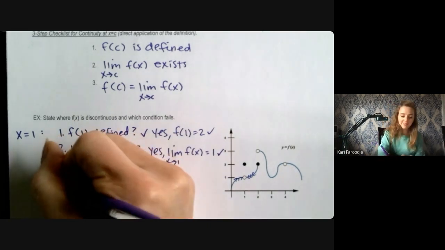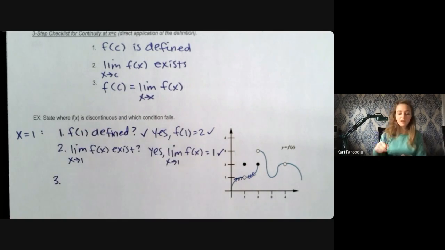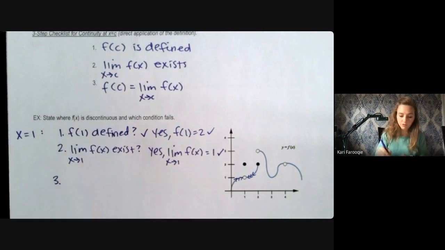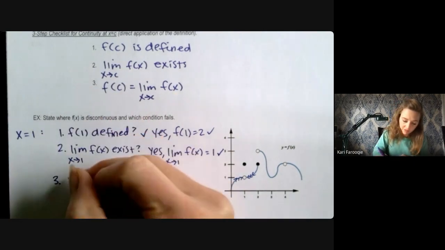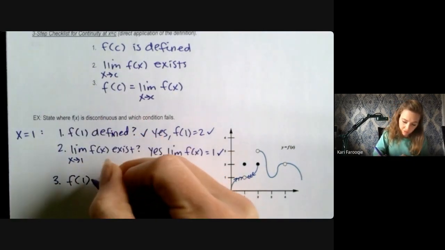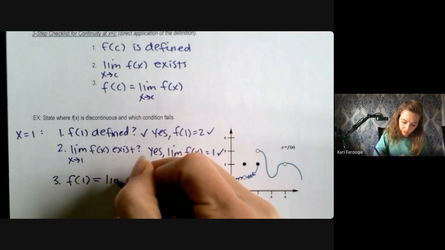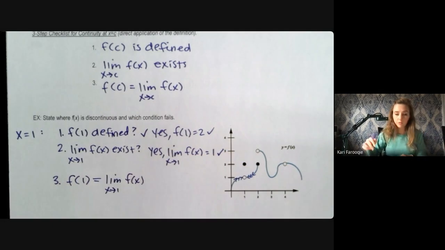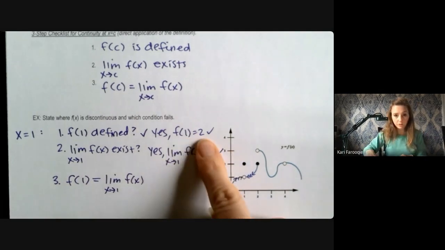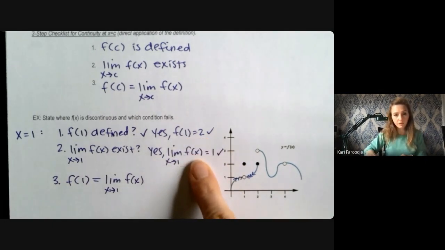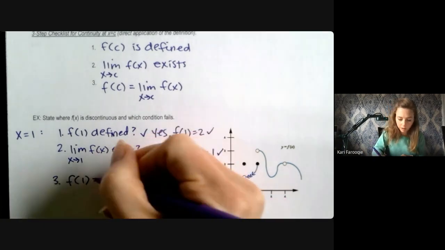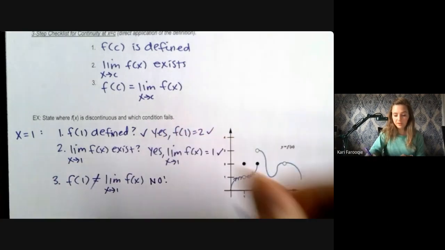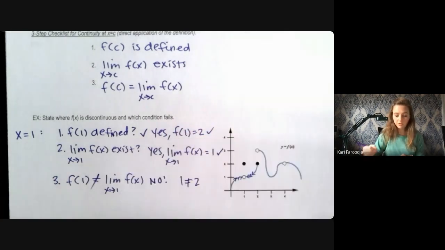Well, it's condition 3. It must be the case here that the value of the function is equal to the value of the limit. So you're going to ask yourself, does f of 1 equal the limit as x approaches 1 of f of x? Well, we just said that f of 1 was 2, and the limit as x approaches 1 is 1. So that's not true. We would say that 1 does not equal 2.